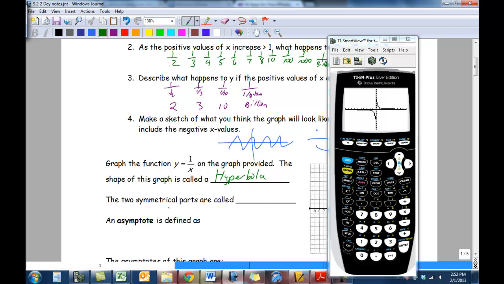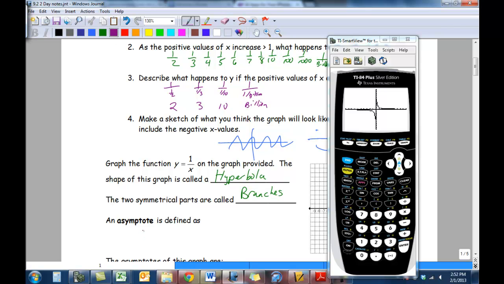Now, the two symmetrical parts, these two little curves here, these are called branches. And this graph actually has two asymptotes as well.